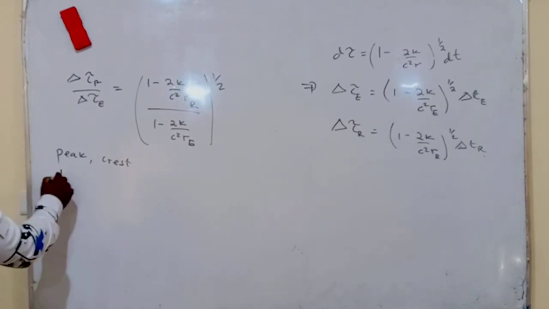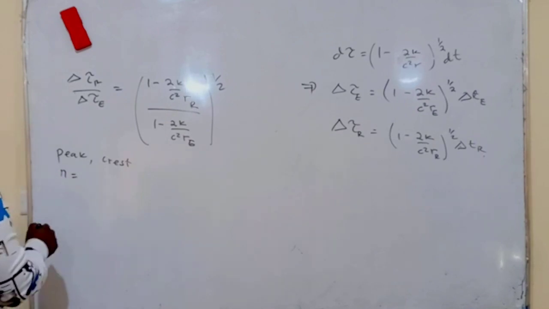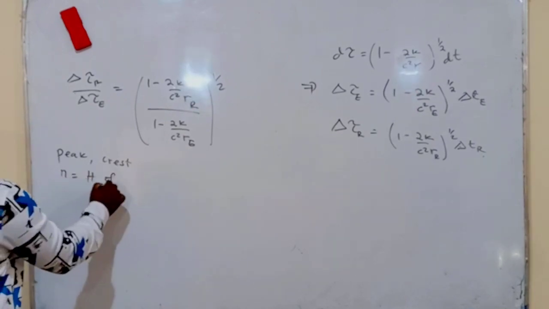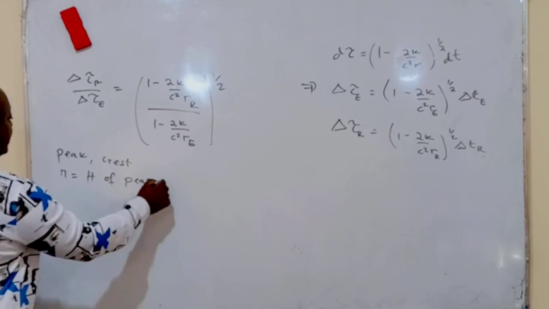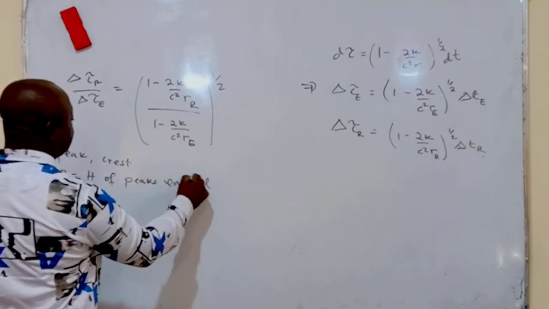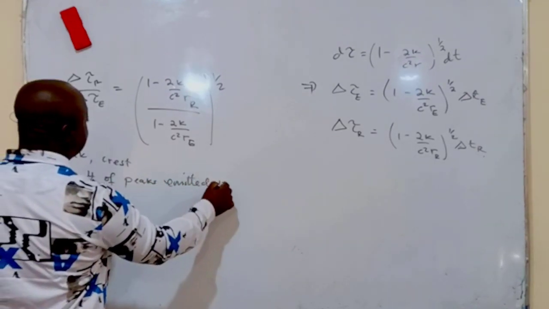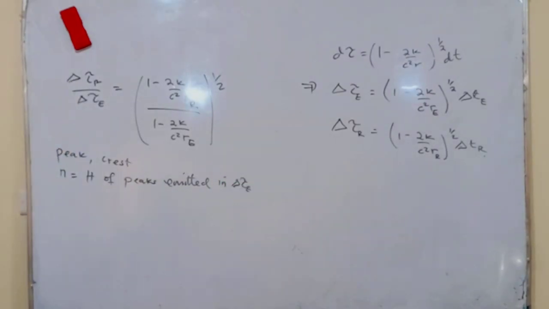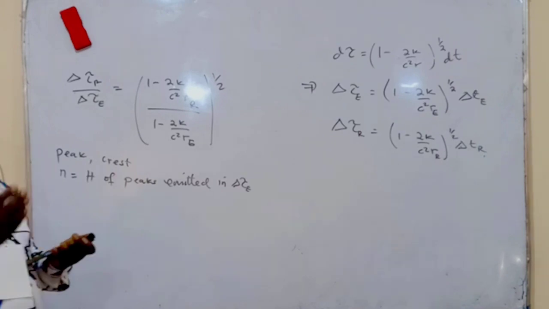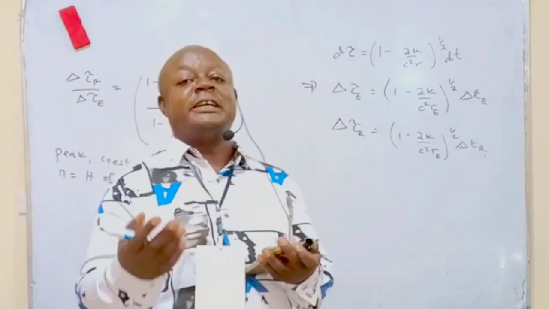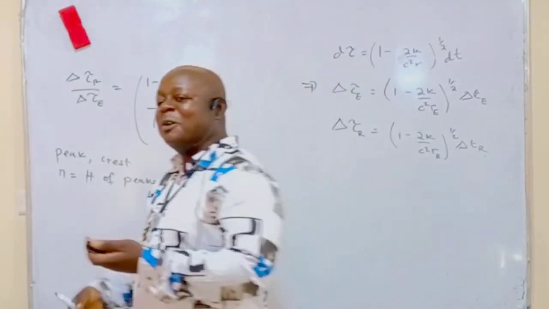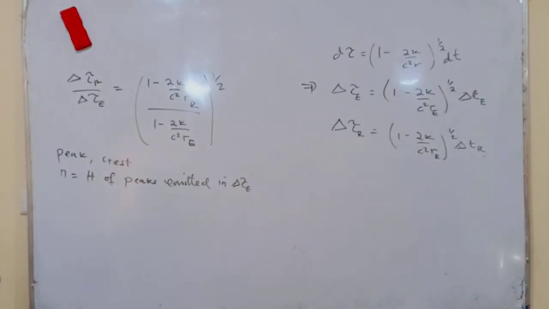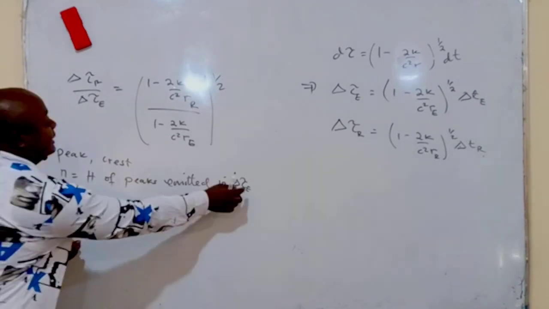N is the number of peaks emitted in, so if we are considering a crest, or maybe we can consider a trough, any of them, as an event, and then n of them are emitted in this time interval.